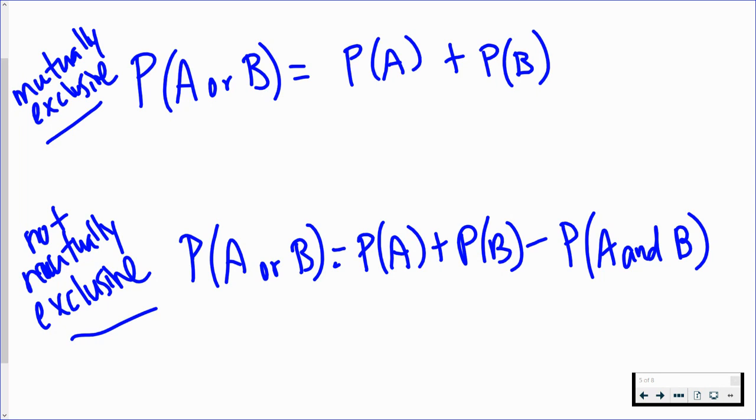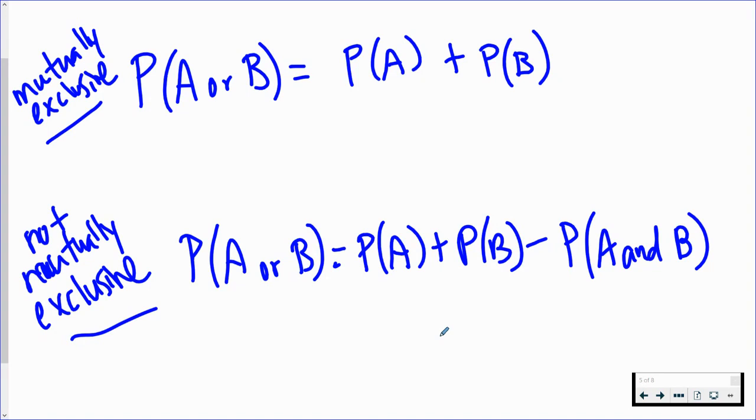Let's start going through some problems, and I'll explain what I mean. Let's say we're talking about a deck of cards. And let's say that I ask you, what's the probability that I choose a 7 or I choose a 3? Those are going to be mutually exclusive because we don't have any cards that are both a 3 and a 7.